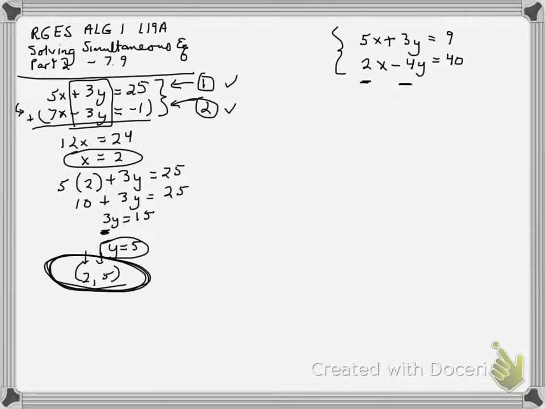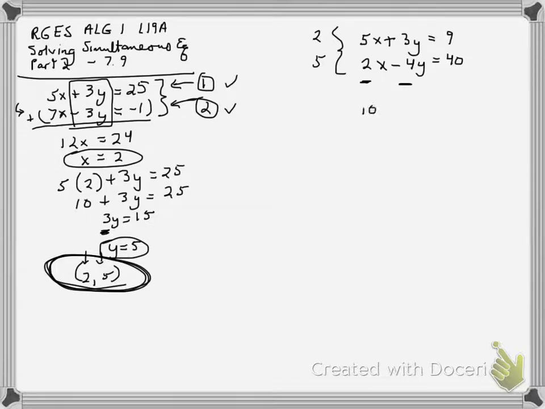I'm going to make my x's drop out by looking for the least common multiple. If I multiply this one by 2, I'd get 10x. If I multiply this one by 5, I would get 10x. So let's do that. Now recall, you have to multiply every term on the left and right side.